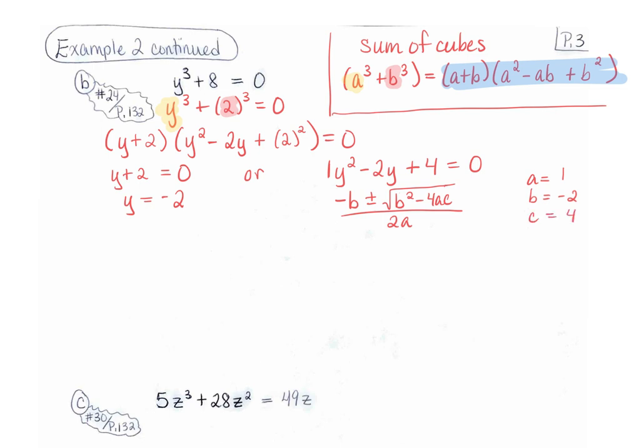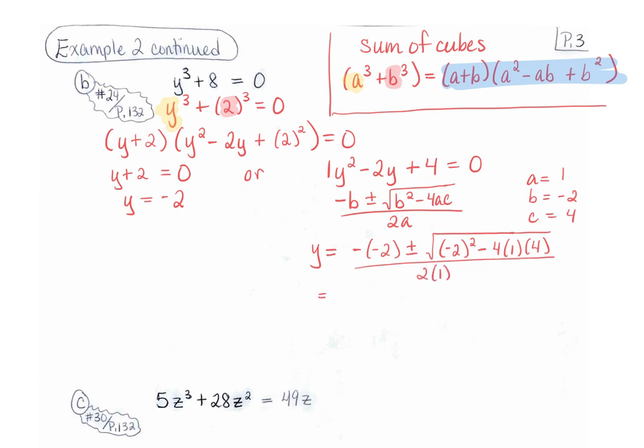So we get that y, using the quadratic formula, is negative times negative 2 plus or minus the square root of b squared, which is negative 2 quantity squared, minus 4 times 1, which is our a, times 4, which is our c, all over 2 times a, which is 1.